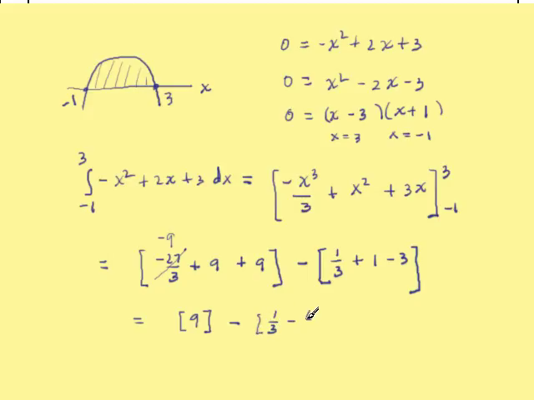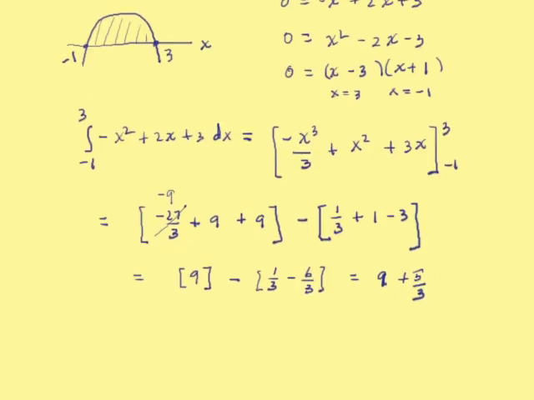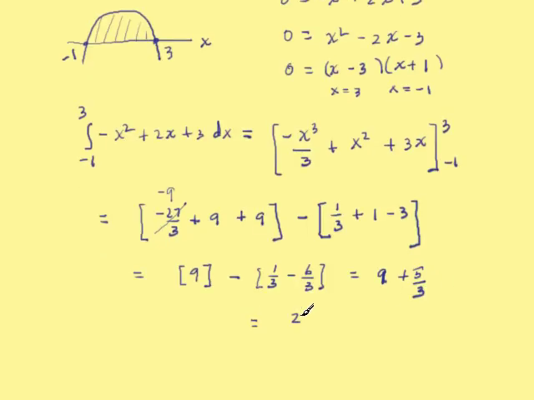One-third minus, let's say 6/3. So we have 9 plus 5/3. All right, so I'll just change the 9 to 27 over 3 plus 5 over 3. So we end up with 32 over 3.